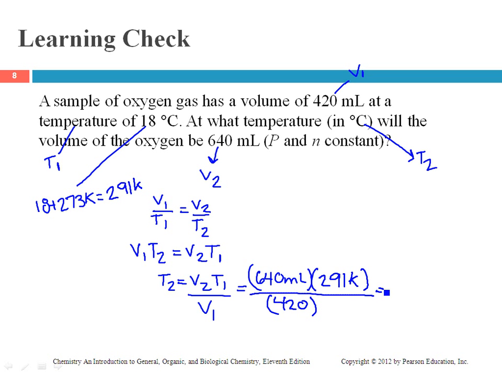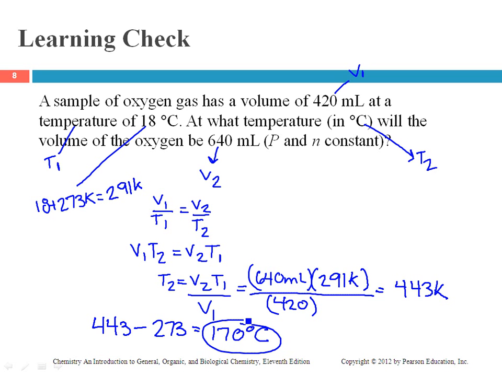Remember, we have to plug in the values for temperature as Kelvin into the equation, even though it's asking us for Celsius. And so we get 443 K. Now we can convert from Kelvin to Celsius. If we take 443 minus 273, we should get about 170 degrees Celsius. You have to do this at the end. You have to plug Kelvin into the equation, and then you can convert to Celsius.